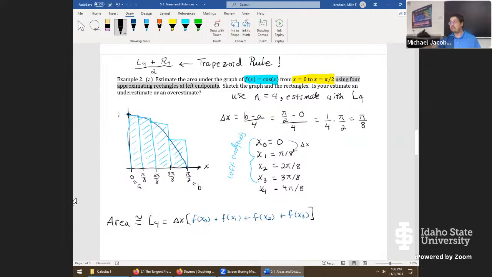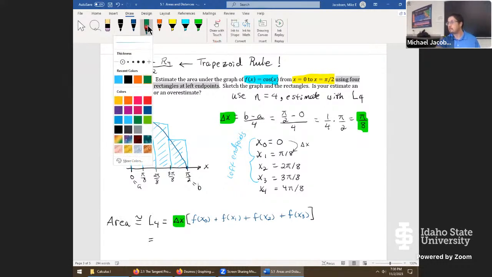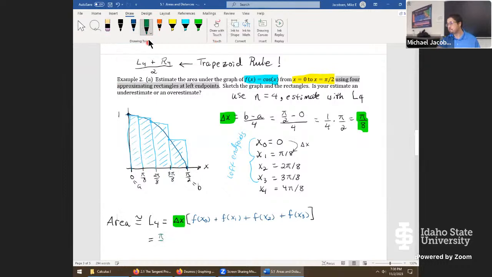Next, we plug in the values and throw it all into a calculator. So let's put in delta x. Delta x came from right here, and it's a value of pi/8. Then it's multiplying into a bracket. Now we're just putting in the function values. f is referring to cosine. x naught is referring to 0.